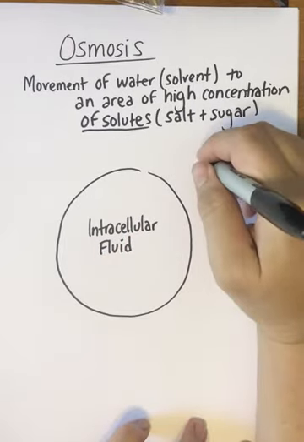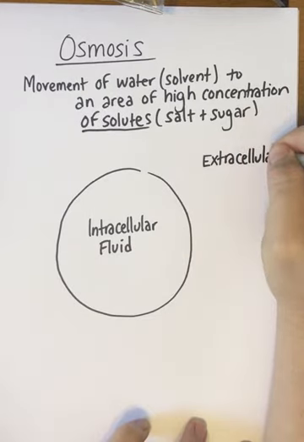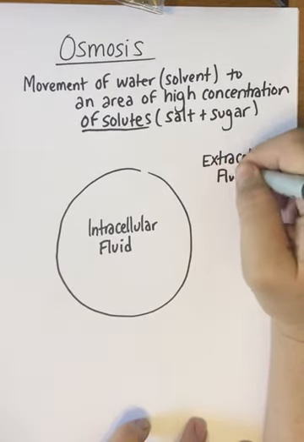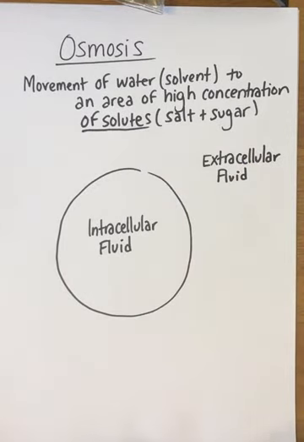And then you have your extracellular fluid. Extracellular fluid is the fluid on the outside of the cells, which also has a certain concentration of water and solutes. So we have what we call solutions.